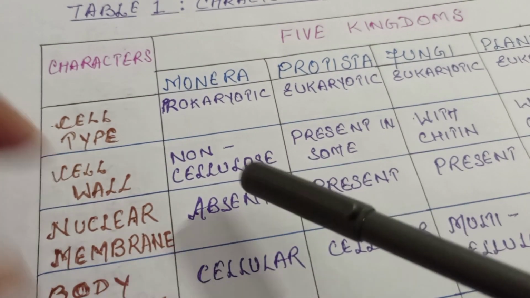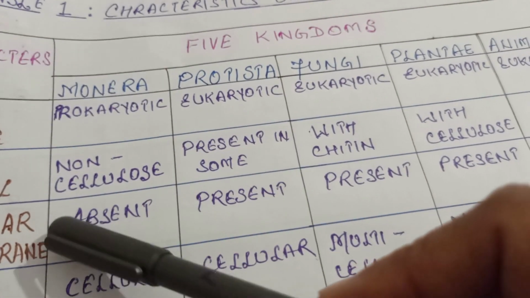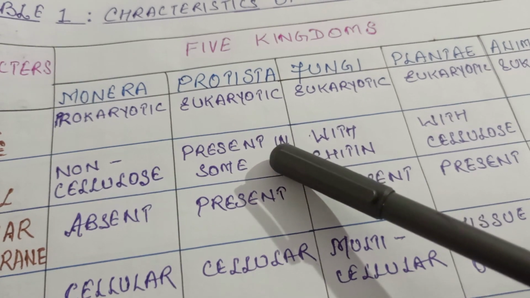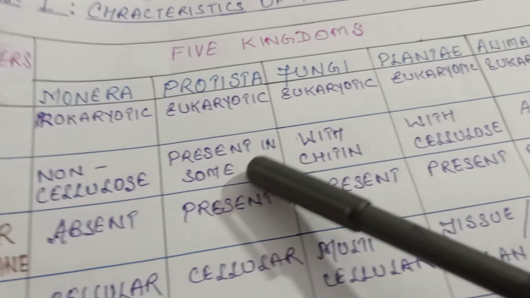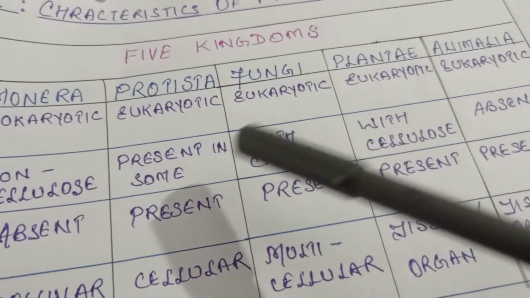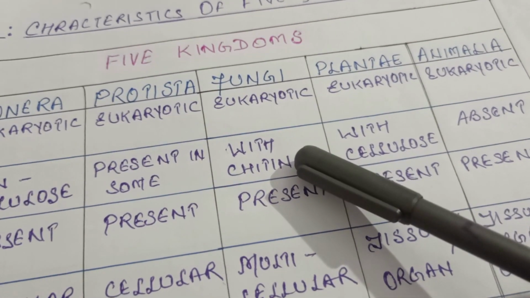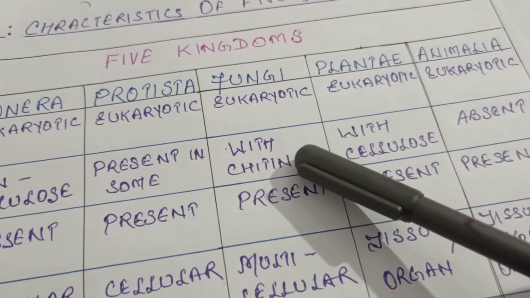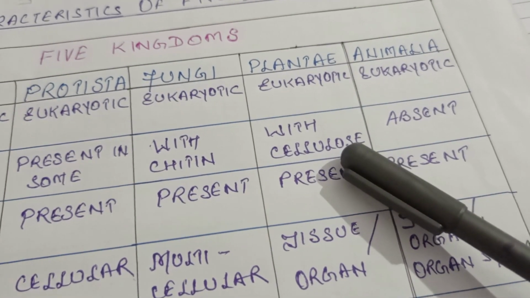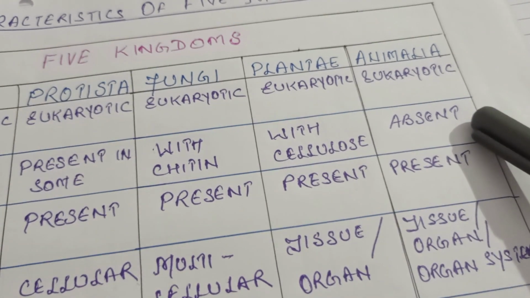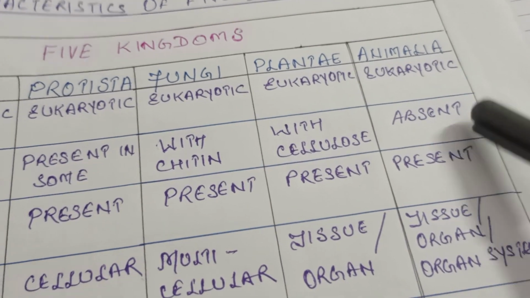They are not in Plantae. Now, cell wall in Protista is present in some but absent in some. You will study all these things further. In fungi, as I just told you, the cell wall is made up of chitin. In Plantae, the cell wall is made up of cellulose. And in Animalia, the cell wall is absent.